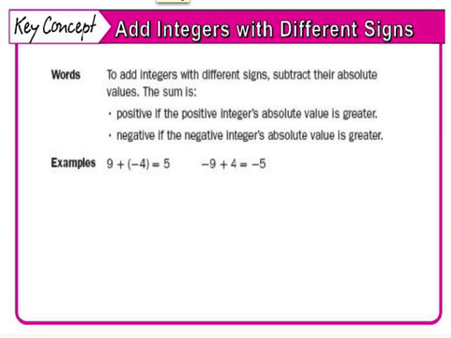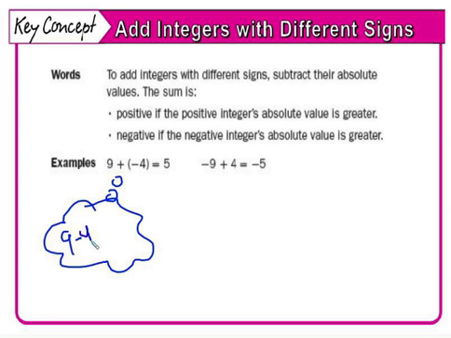Now when I'm adding integers with different signs, this is where it's a little bit tricky. Different signs means that I'm going to subtract the integers and take the sign of the greater absolute value. Or how you might think of it is take the sign of the bigger number. So in this case, if I have 9 plus negative 4 equals 5, I'm actually going to, in my mind, be doing, so I'll draw a little think bubble here, this is what's happening in my brain.